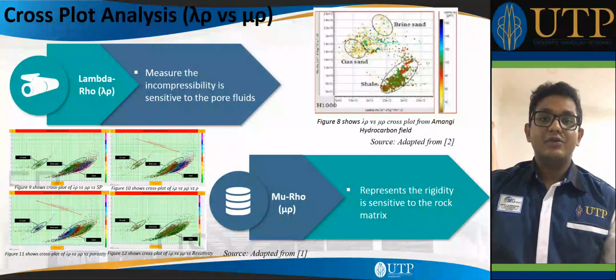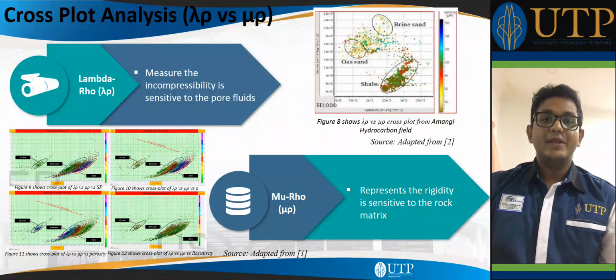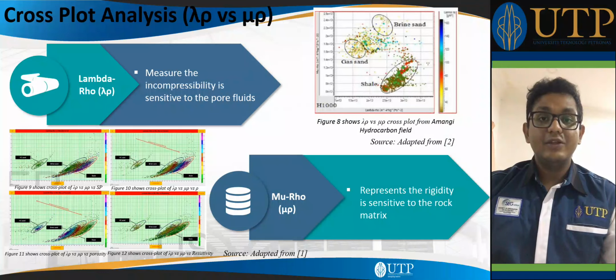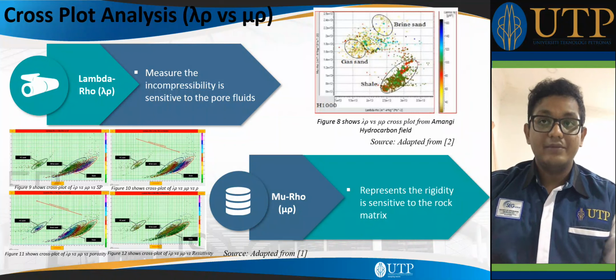Lastly, we'll be discussing the Lambda-Rho and Mu-Rho application in cross-plot analysis. Lambda is the measure of incompressibility, which is sensitive to the pore fluids, while mu is representative of rigidity, where it's sensitive to the rock matrix.